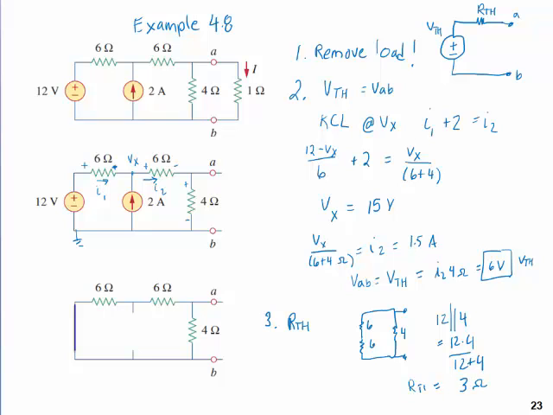So I now have R Thevenin is 3 ohms. I have now completely determined the Thevenin equivalent of this circuit, 3 ohms and 6 volts.